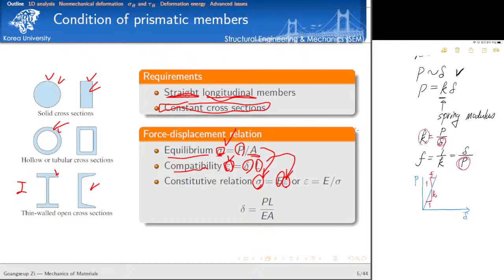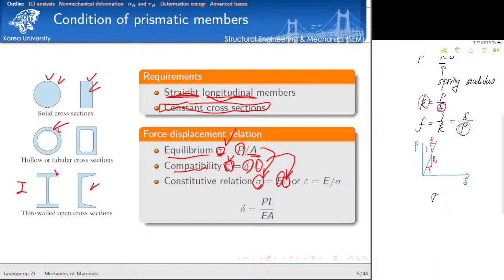Then we can easily obtain, say, stress is equal to the elastic modulus times strain, and in this lecture note we have stress equal to P divided by cross-section area, and the strain is elongation divided by the length.